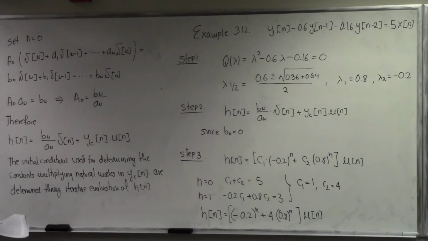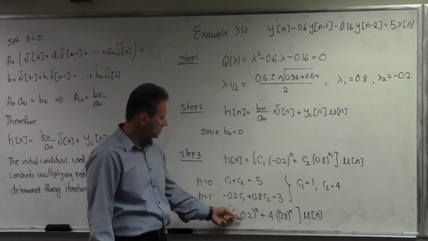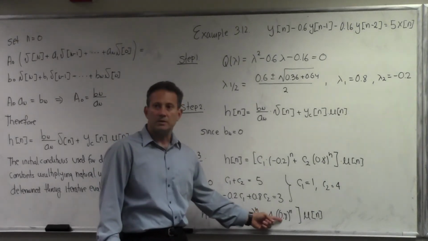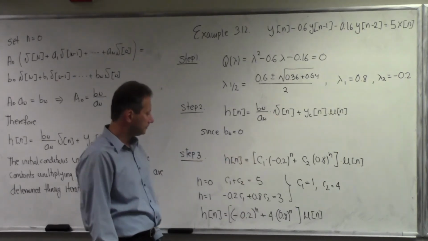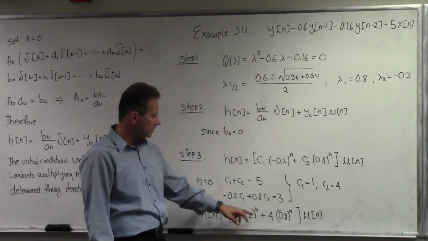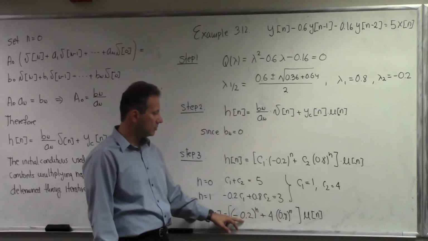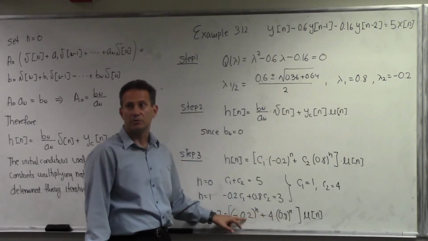Final test is, let's check if this works. If I put n equals 0, this is 0.2 to 0 is 1. 4 times 1 is 4, plus 1 is 5. So that's that 5 over there. When n is equal to 1, this becomes 4 times 0.8 minus 0.2. 4 times 0.8 is 3.2, minus 0.2 is 3.